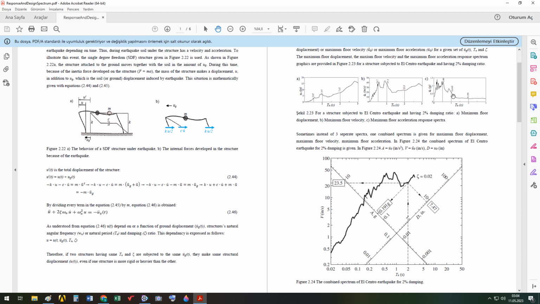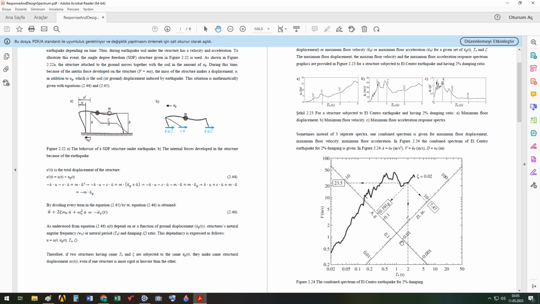Sometimes instead of giving three response spectrums, one for maximum floor displacement, one for maximum floor velocity, one for maximum floor acceleration, these three spectra are combined with each other, and a combined spectrum of the El Centro earthquake for 2% damping is provided in the literature. It's easy to use.